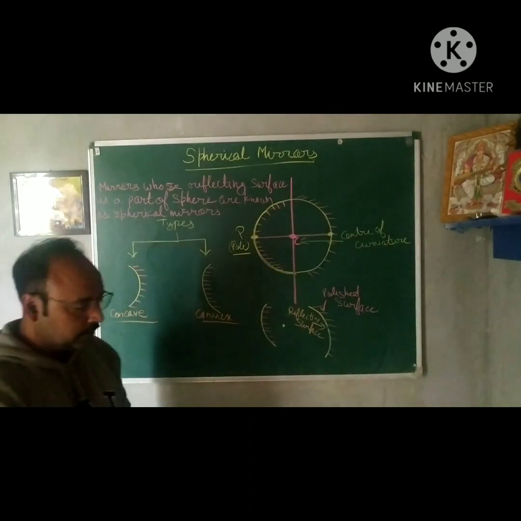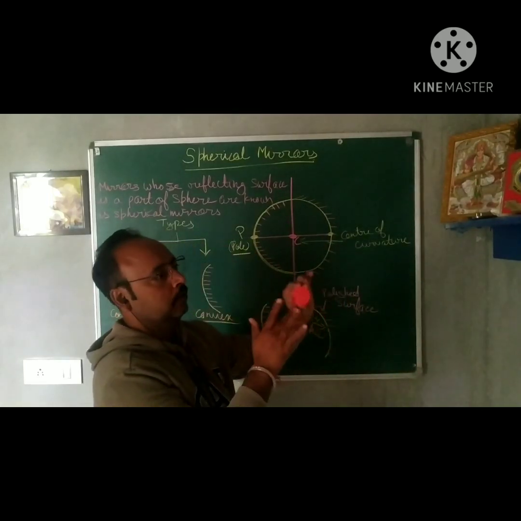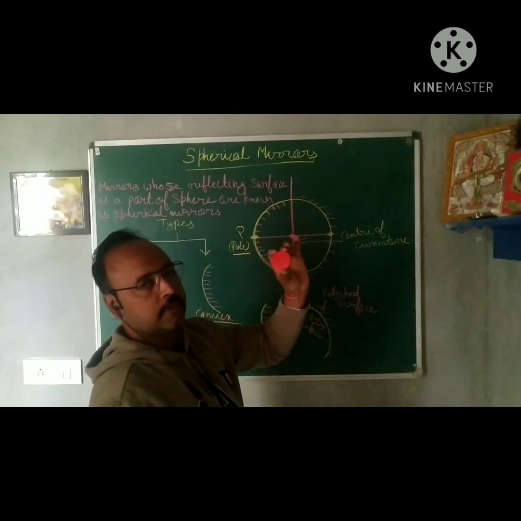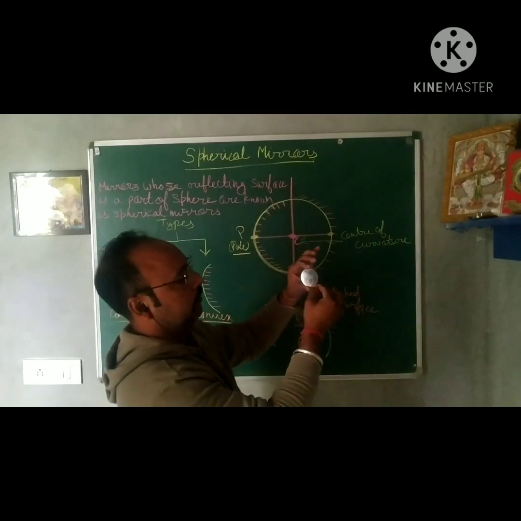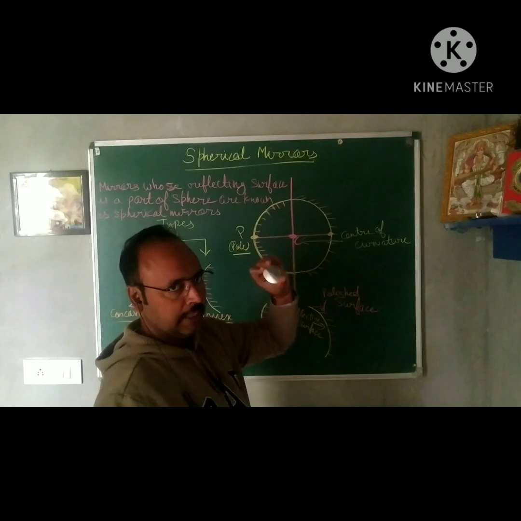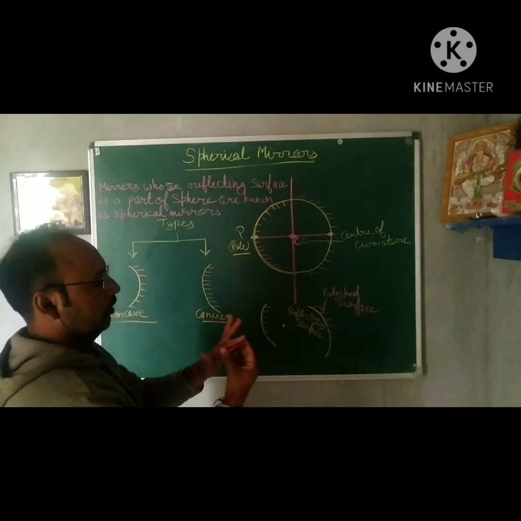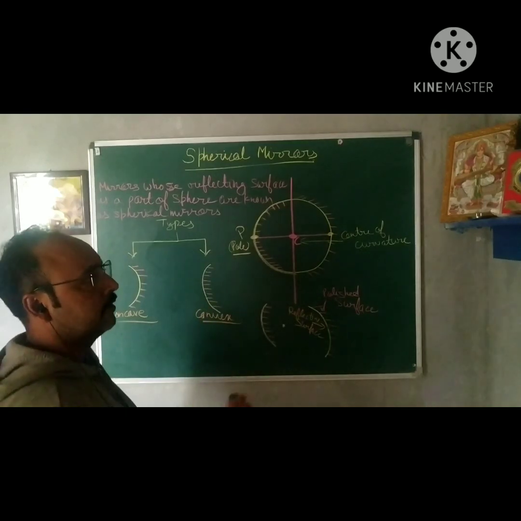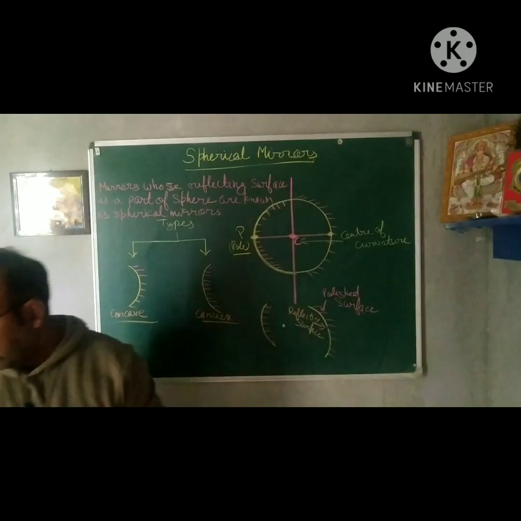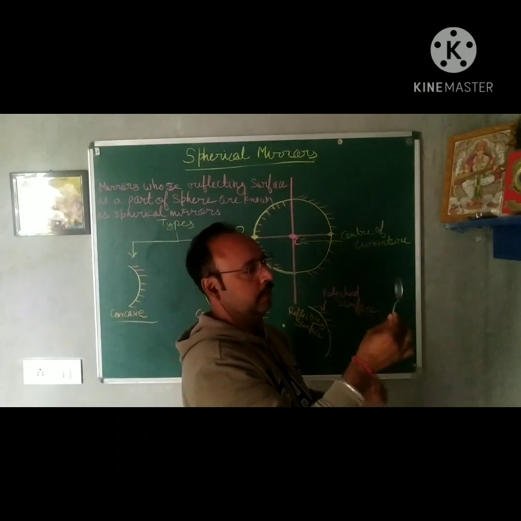Generally the spherical mirrors I would like to show you, this way the polish is done, and on that side the mirror is there. So this is a concave mirror type, in which the outer surface is polished and the inner surface is reflecting. A very common example from home is a spoon, right?